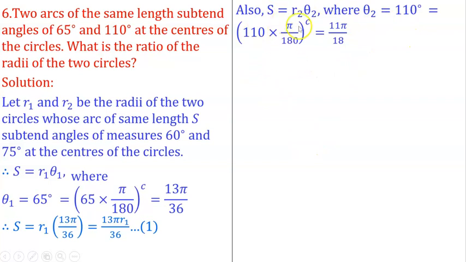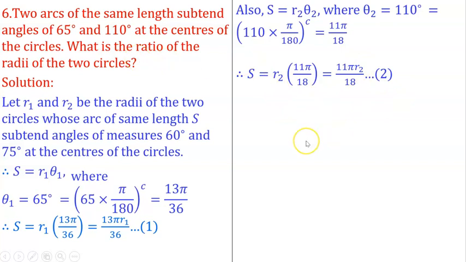Convert to the radian by multiplying pi upon 180. Okay, and after simplification you will get here 11 pi upon 18. Therefore S is equal to r2 into theta in radian, that is 11 pi upon 18, and after simplification here you will get 11 pi r2 upon 18. This is expression number 2.